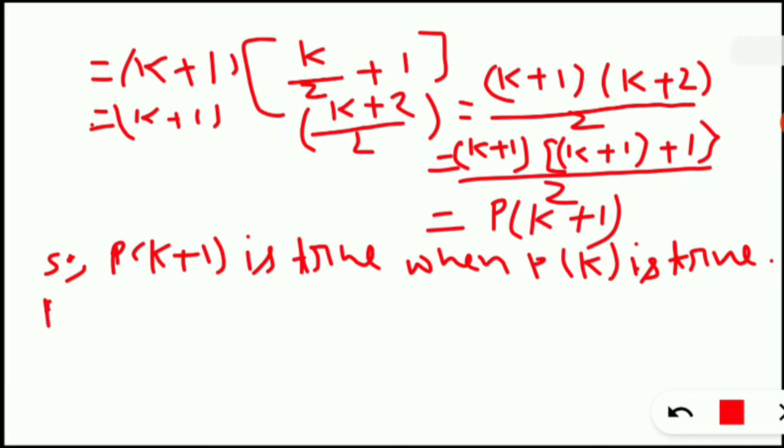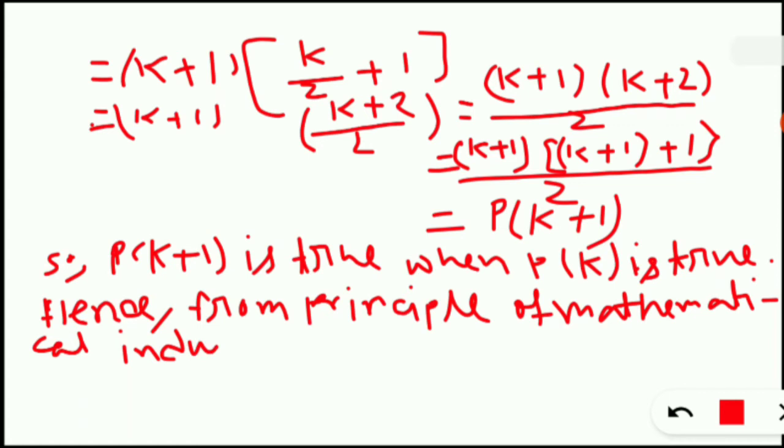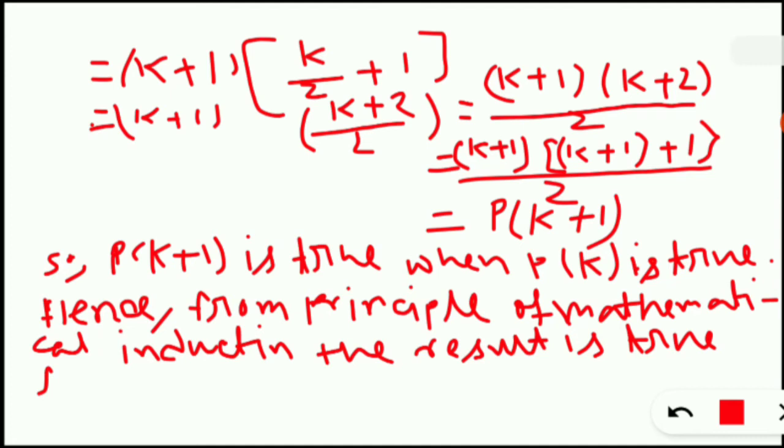And the last line is: hence, from principle of mathematical induction, the result or the statement is true for all natural number n.